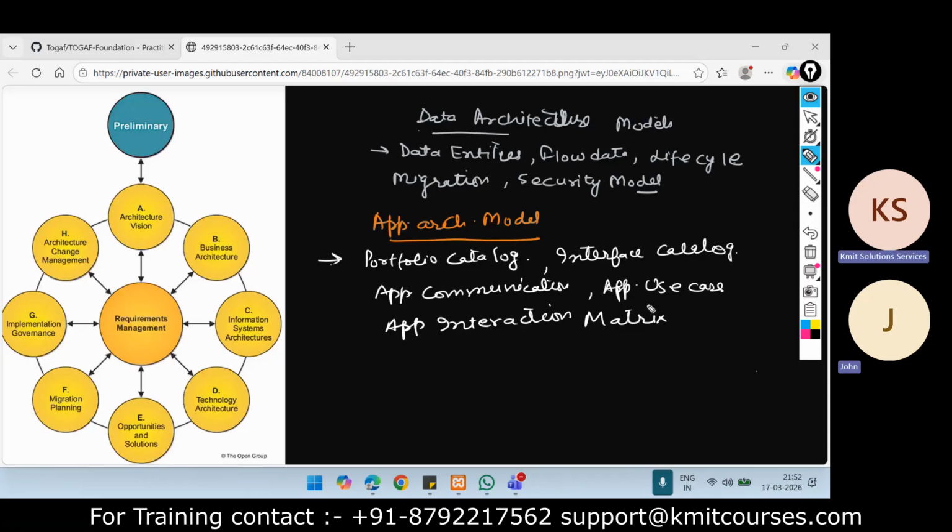If you have some reference, from an enterprise architect's point of view, these things are a very high-level overview.